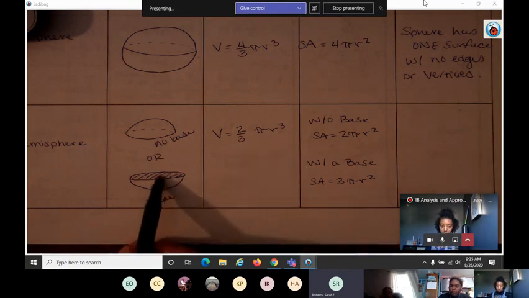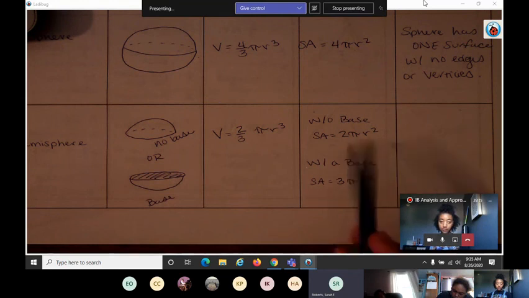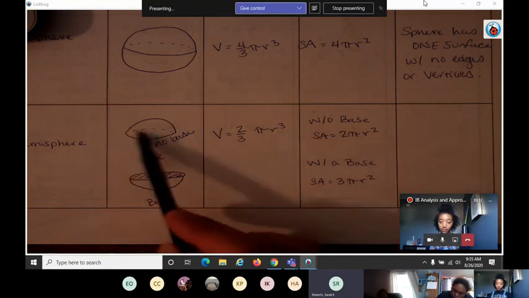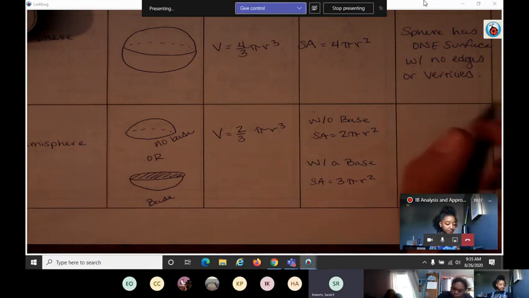If we cut this in half, we should have the same radius as the entire sphere as a whole. So you're just adding on an extra circle. So you have 2 pi r squared, which is the curved part. You add on 1 more pi r squared to get 3 pi r squared as your total surface area. And my interesting fact that's not very interesting is that it's half of a sphere.